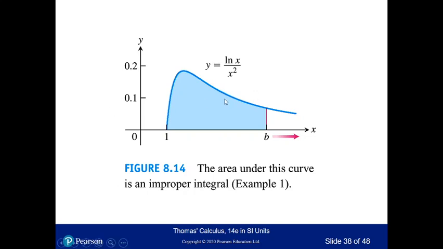So let's look at this first example. As you will see, we would integrate from 1 to infinity, but we stop, we fix a point B, and we calculate this first and find the value in terms of B, and then we take the limit as B goes to infinity. Do you see that?